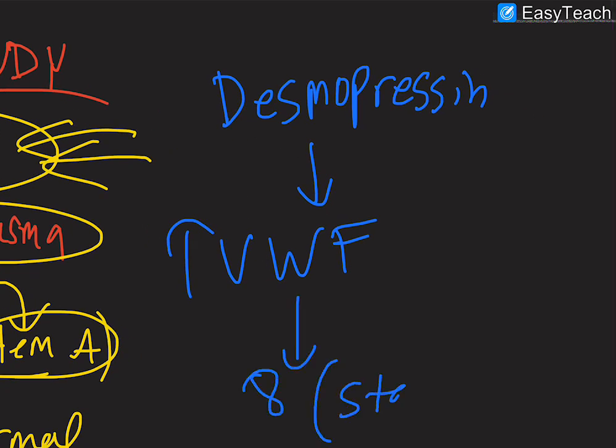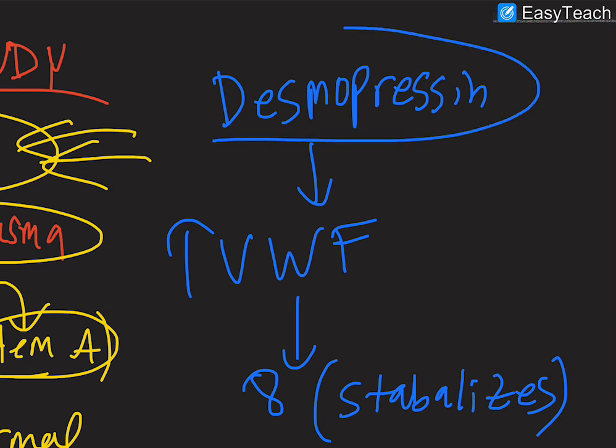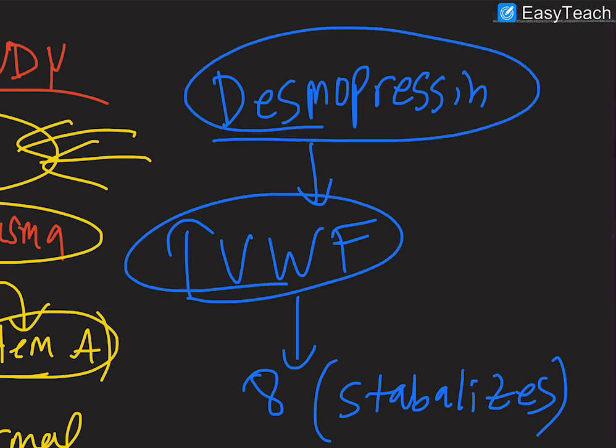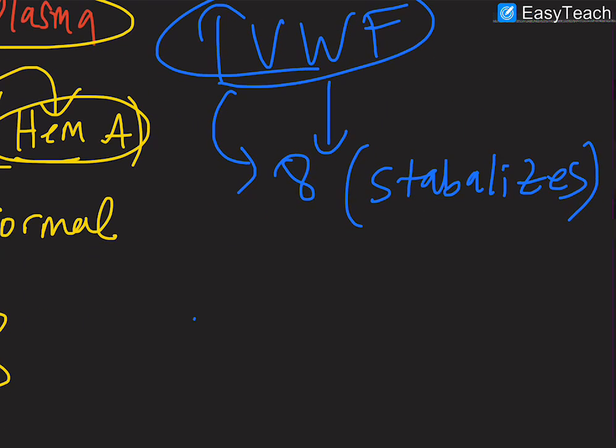Only if this patient has mild hemophilia A, so a mild deficiency, then giving desmopressin can increase von Willebrand factor and stabilize whatever factor VIII they do have, therefore helping reduce the PTT a little bit, right? But if you have moderate to severe hemophilia A, the main treatment would be recombinant factor VIII.